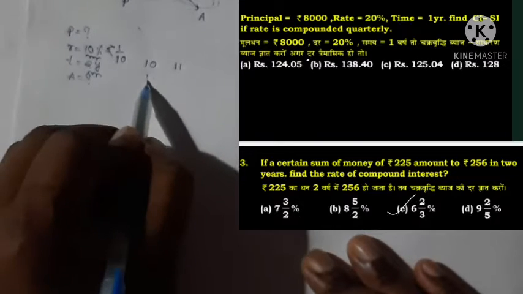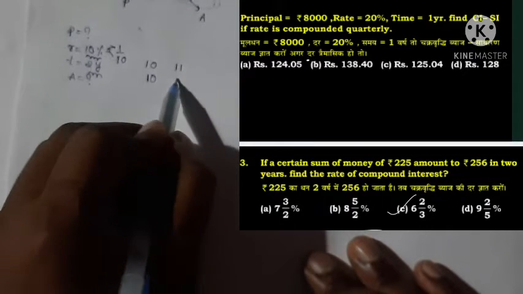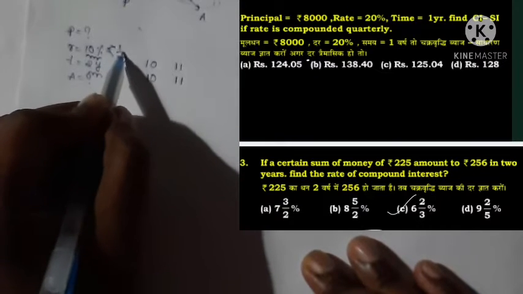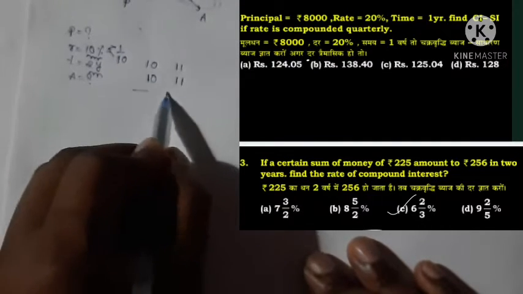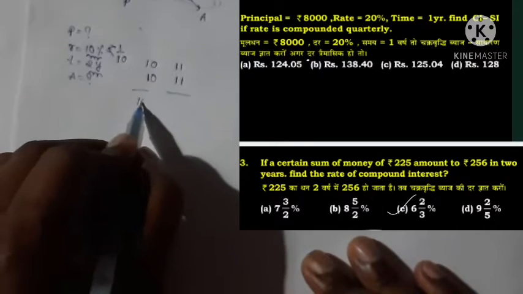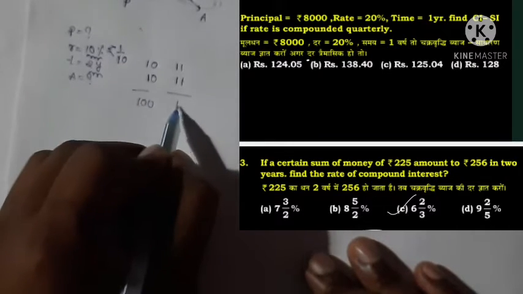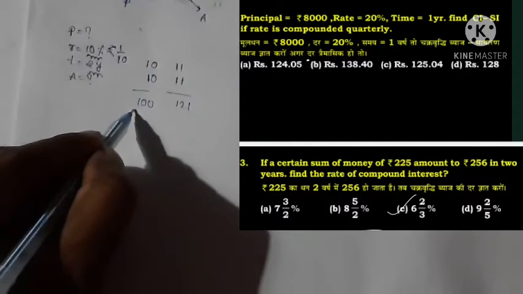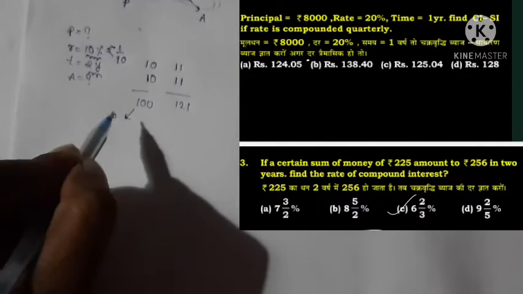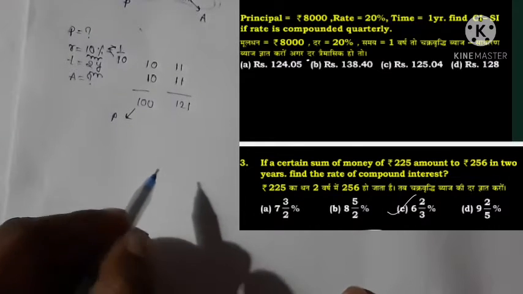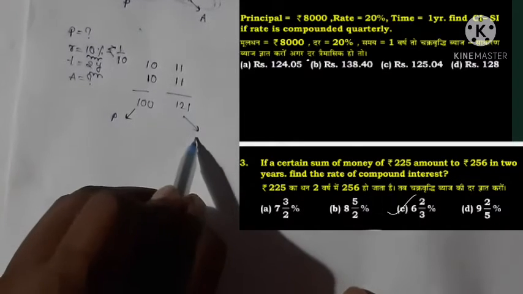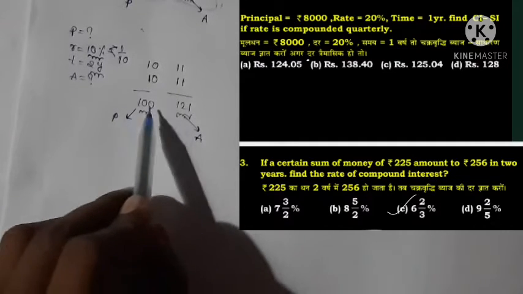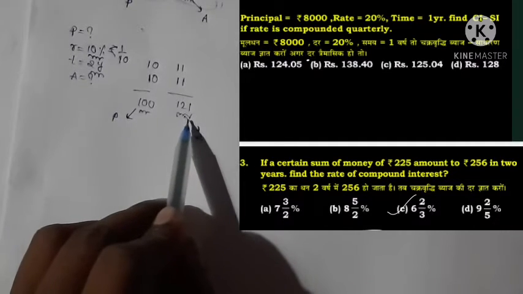For the second year the principal is 10, increased by 10%, increased by 1, so the value is 11. So the principal is 100 and the amount is 121 after 2 years.